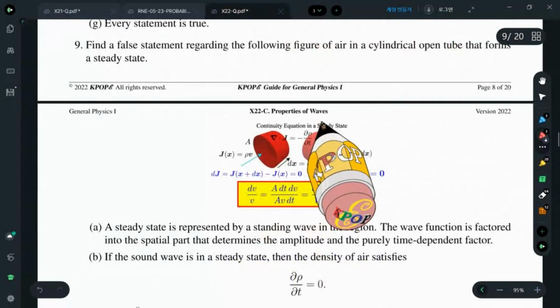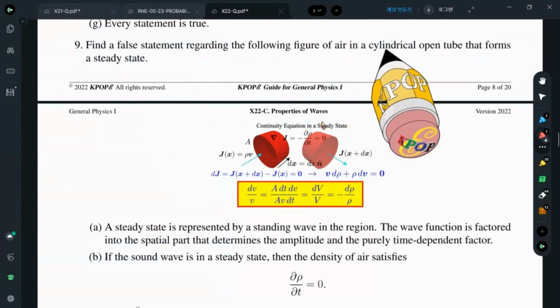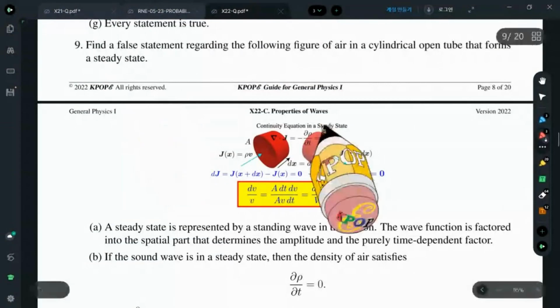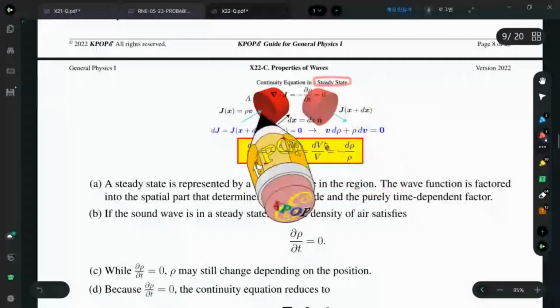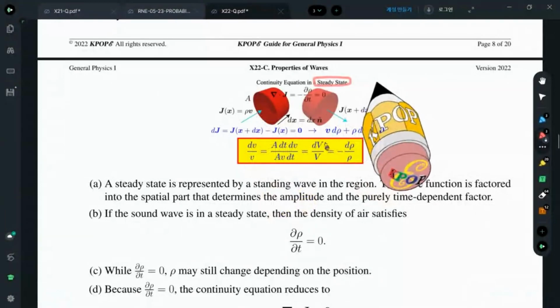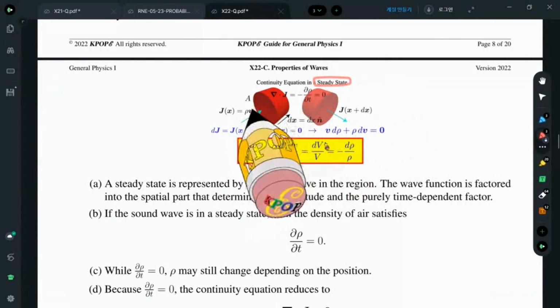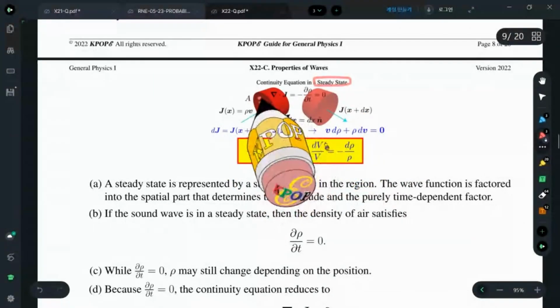Next, we consider the propagating sound wave. Find a false statement regarding the following figure of air in a cylindrical open tube that forms a steady state. A steady state means everything is independent of time. The change in pressure makes the air molecules vibrate.